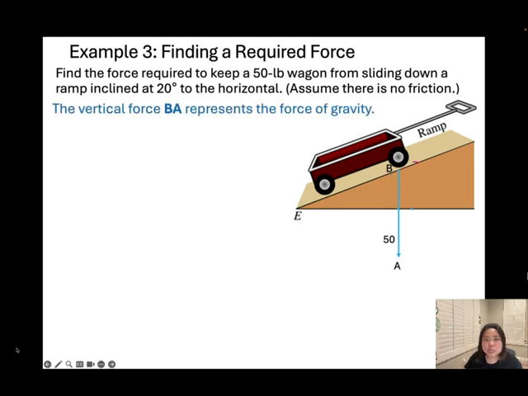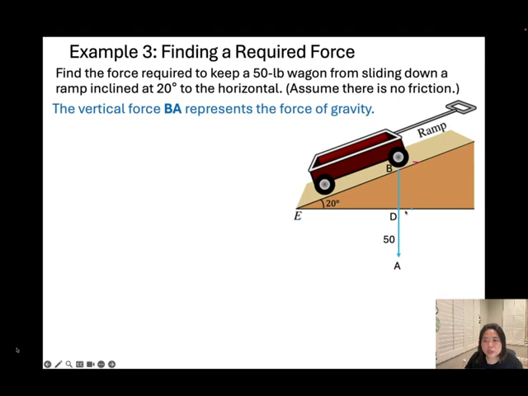So the vector BA represents the force of gravity. And then we intersect this point, so we got D here. And we know that this is 20 degrees to the horizontal, so the angle BED will be 20 degrees.